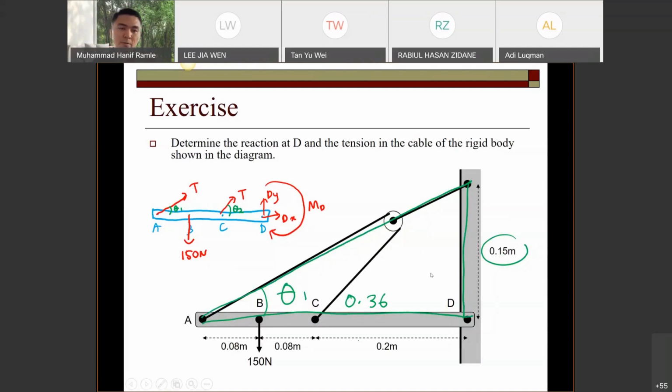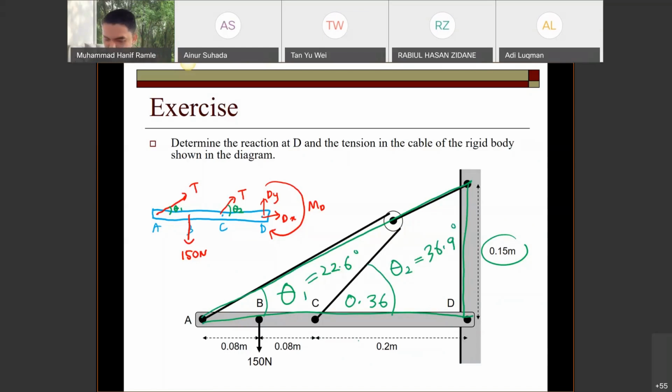What is the value for theta 1? Please, someone. 22.6, Doctor. Okay. How about theta 2? 36.9.